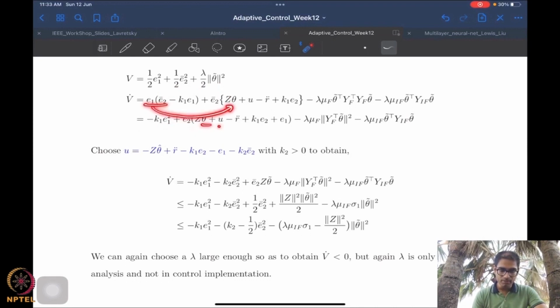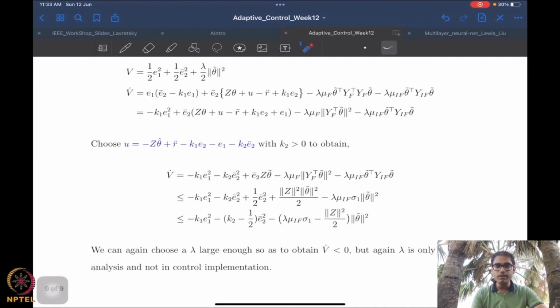So I get Z theta plus U minus R double dot plus K1 E2 as before. Then I get this additional term in E1, which is of course coming from here. These terms are the same as before, not made any change here, except for writing this term as the norm squared term. That's the only difference.